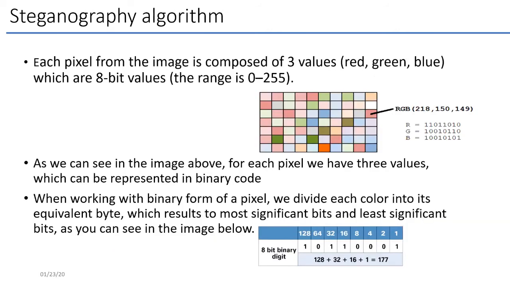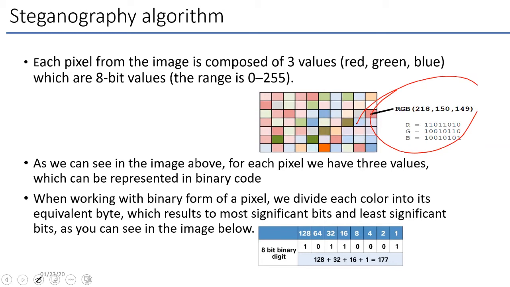And as I said, consider the picture as a two-dimensional matrix, and each matrix location, meaning the index values, represents 3 bytes of data. If you see here, the combination of red, green, and blue is in the binary format.